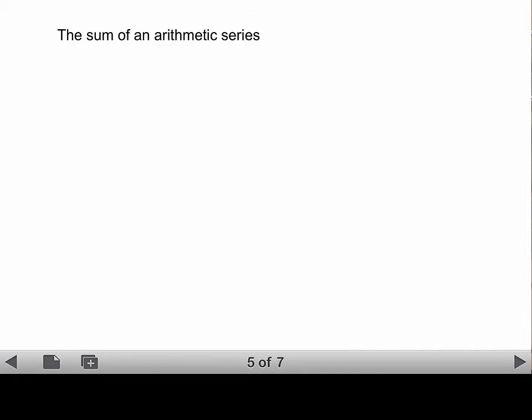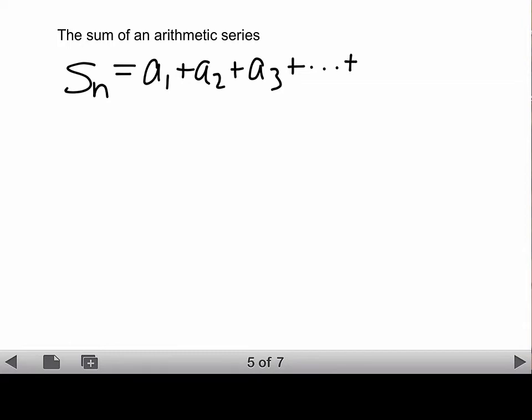The sum of an arithmetic series is denoted S sub n, and what it refers to is adding up n terms, like a sub 1 plus a sub 2 plus a sub 3, and, to be generic with this, the way we can write this is plus dot dot dot plus a sub n.